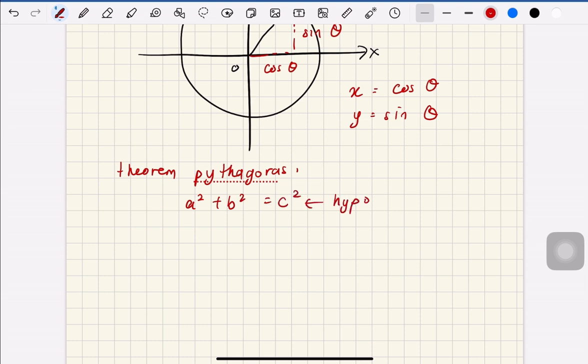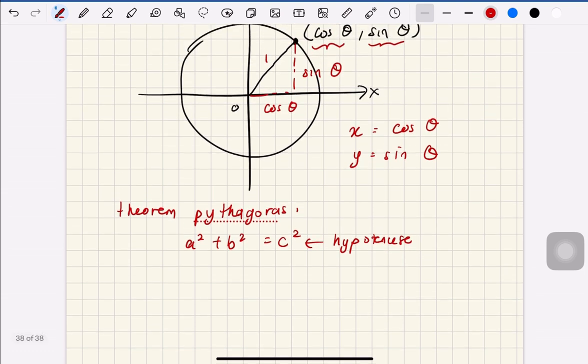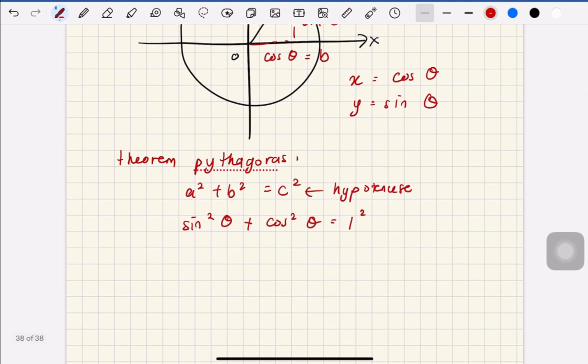Let's name this a, this b, and this c. So sine squared theta plus cos squared theta is equivalent to 1 squared, and 1 squared is just 1. So you get your first basic identity.